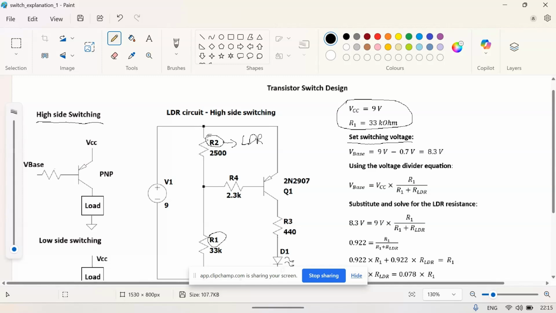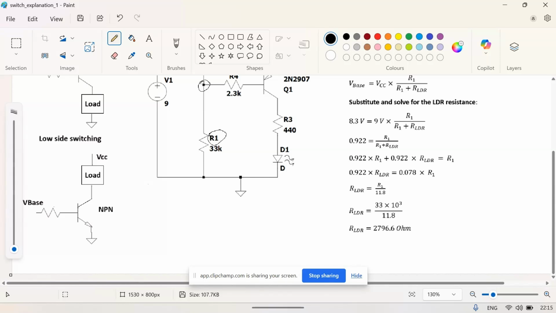Then to calculate the voltage at the base, we have to find the voltage at this point, which is given by the voltage divider rule. If we substitute the values in the equation for the voltage divider and solve, we get 8.3 volts equal to 9 volts times R1 by R1 plus RLDR.